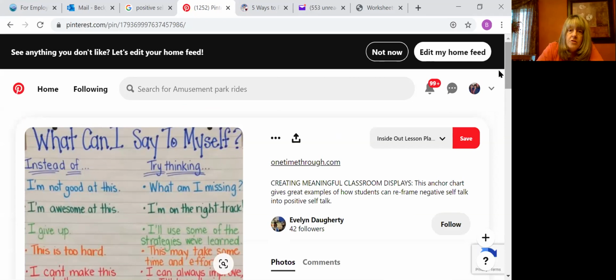As I showed you on the other worksheet, you could always write down your thought in a little thought bubble, a little cloud, and then write it down again in a more positive light, where you reframe it to keep yourself thinking more encouraging thoughts.